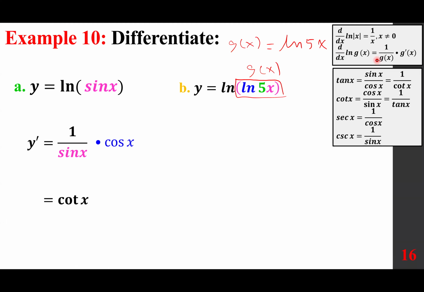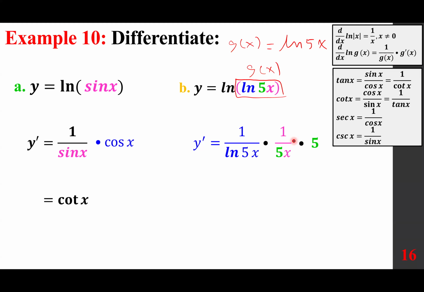So 1 over ln of 5x times g prime. Now, this is g, differentiate this. To differentiate ln of 5x, again, you have to use this. So 1 over g of x, 1 over the argument, 1 over 5x, and then g prime, the derivative of 5x is 5. I hope you see what happened.